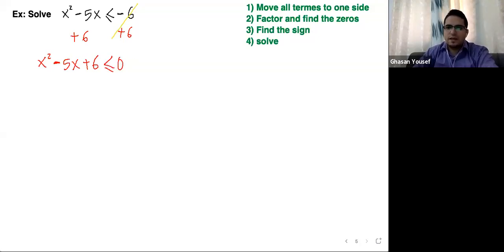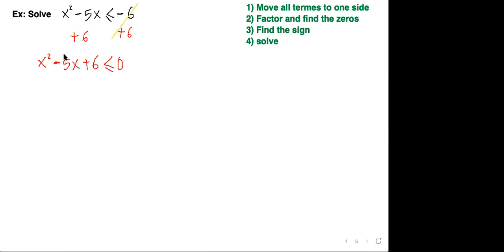Now, who will do the second step? Factor. Who will factor this one? Any numbers that multiply to 6 and add to -5, which are -6 and 1.